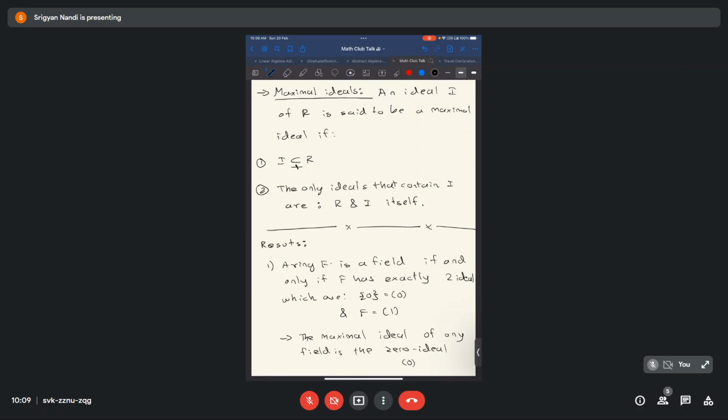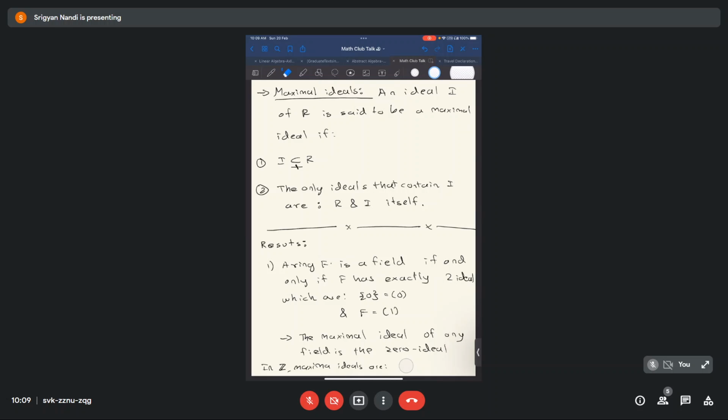So this is not generally true in the case of any arbitrary ring. A ring can contain multiple maximal ideals, as we have seen before in the ring Z. In Z, maximal ideals are of the form, what were they?